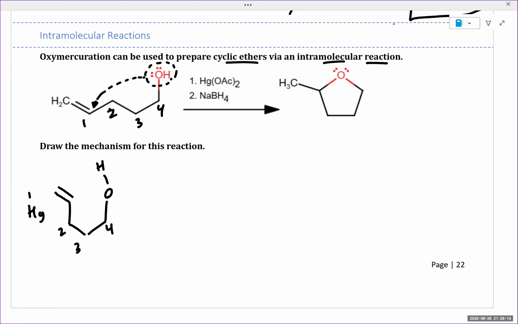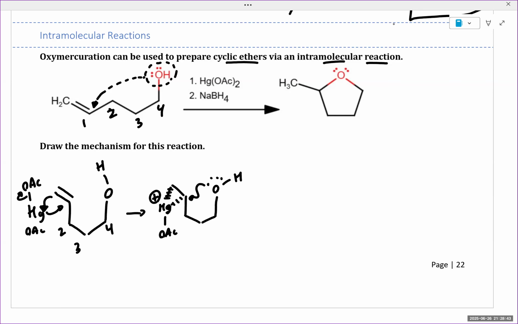As always, in the first step, we're going to form the mercurinium ion. From here, we're going to open the mercurinium ion at the most substituted carbon. And that in turn is going to make a 1, 2, 3, 4, 5-membered ring.